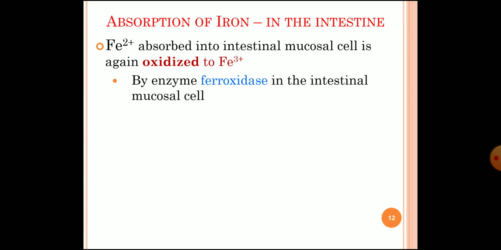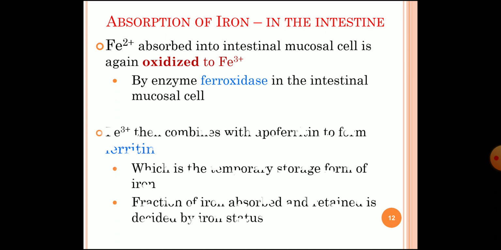Now the ferrous iron absorbed into the mucosal cell is again oxidized to ferric. Peroxidase enzyme will be present in the intestinal mucosal cell, and it will oxidize the ferrous into ferric. Then what happens?